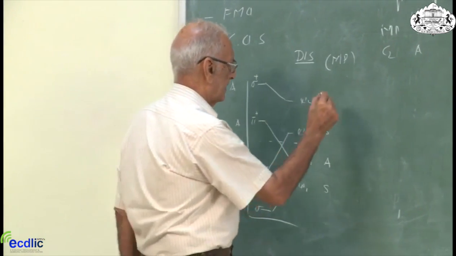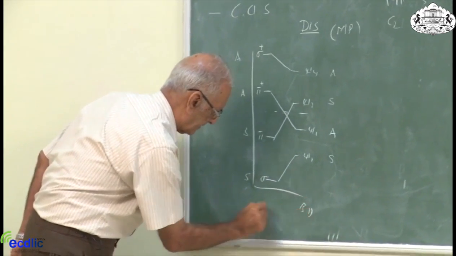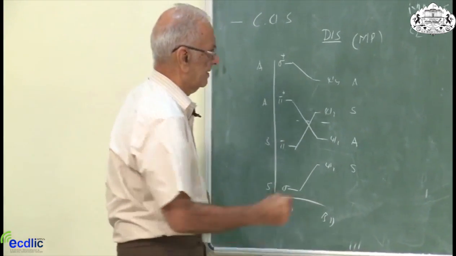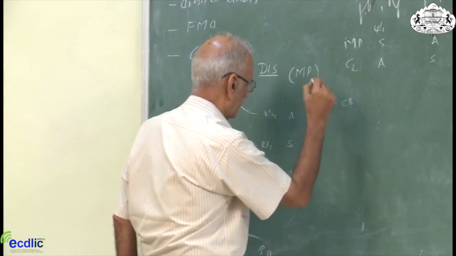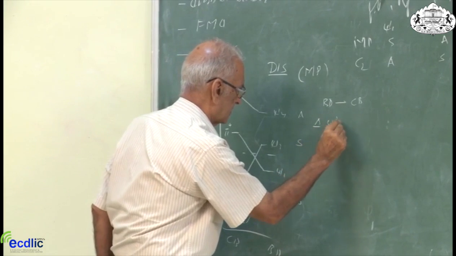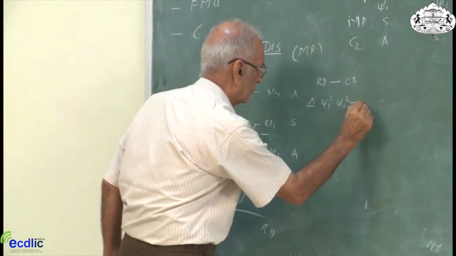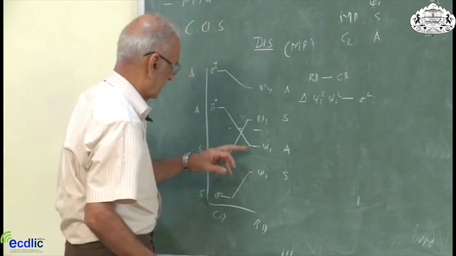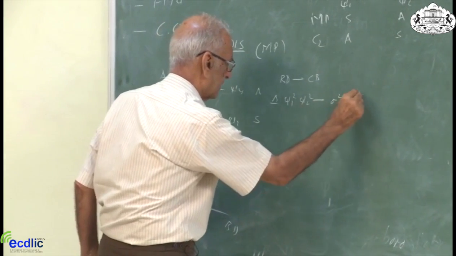Then if we look at the butadiene to cyclobutene reaction, for the thermal reaction, psi 1 2, psi 2 2: psi 1 2 goes into sigma, psi 2 2 goes into pi star.